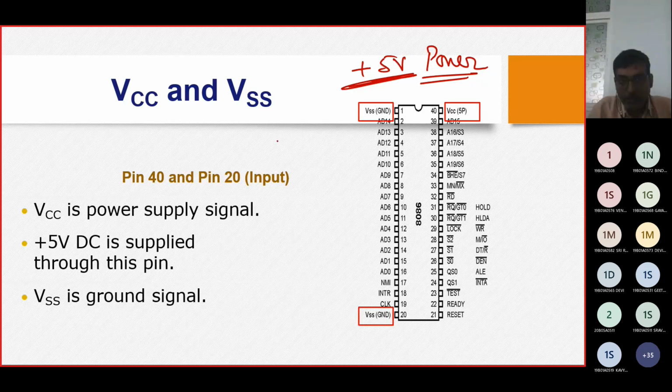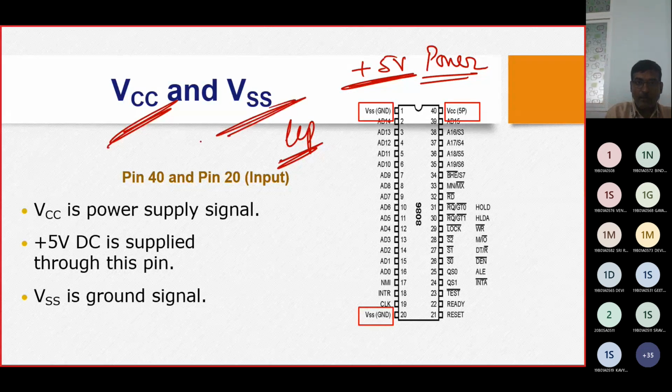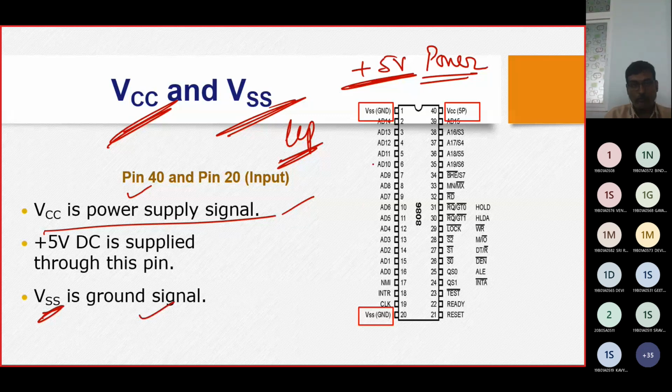So the microprocessor needs VCC and VSS. VCC is the power supply pin that we give, and VSS represents the ground value. As for a home, we get our power from the line, and for every house we have an earth wire.